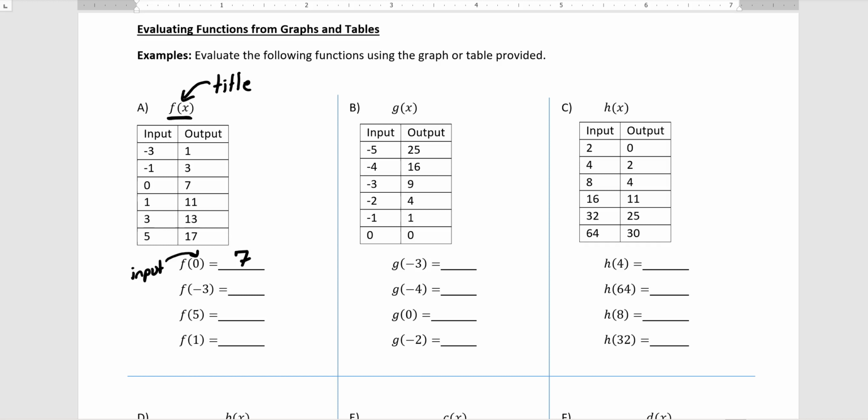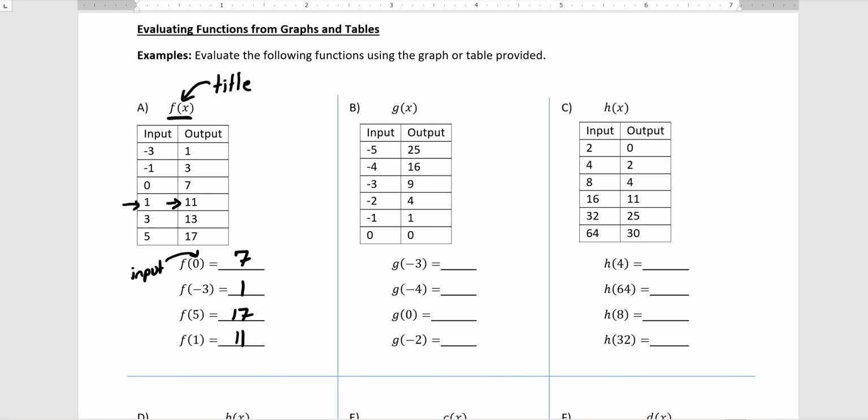All right, f of negative 3. My input is negative 3, so my output is 1. Now looking at f of 5. My input is 5, my output is 17. F of 1. My input is 1, my output is 11. All right, does that make sense?